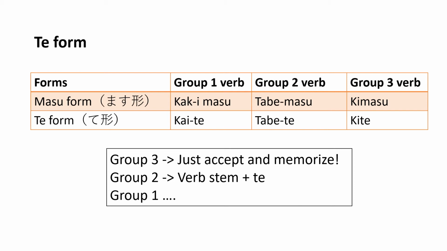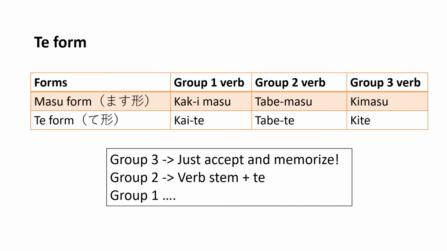Like, 書いてください、食べてください、来てください、見てください、聞いてください. These are verbs in te form.